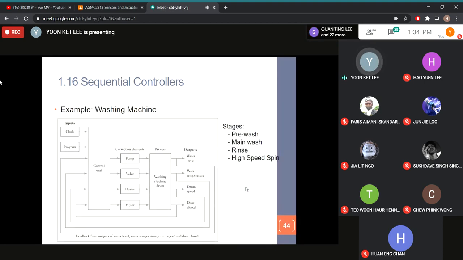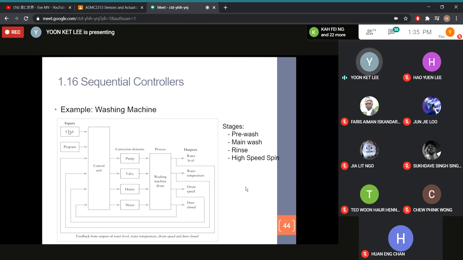So this is one example of the sequential controller. For example, we have a washing machine. What do we want to do? We have stages like pre-wash, main wash, rinse, and high-speed spin. For example, the clock: what does the clock mean?